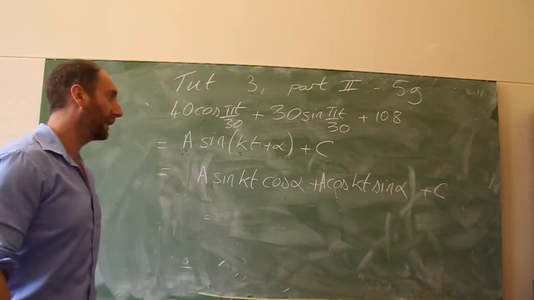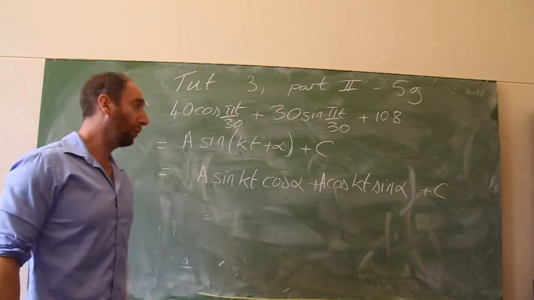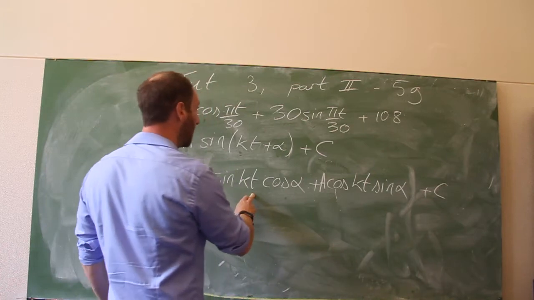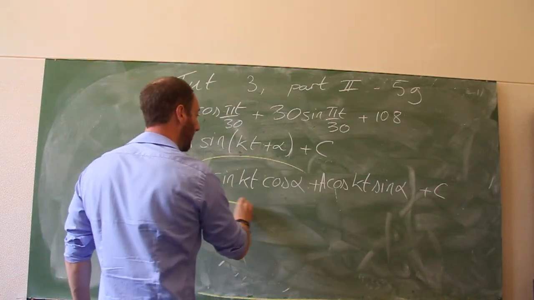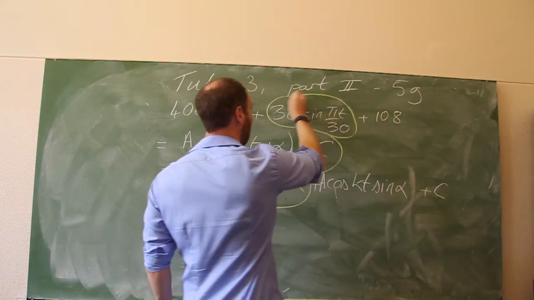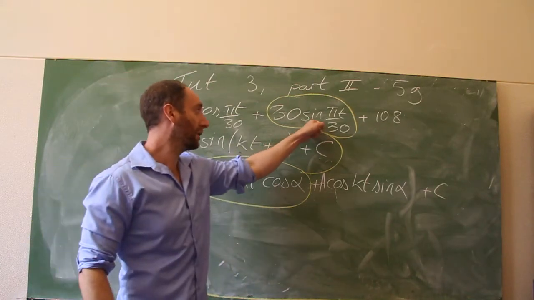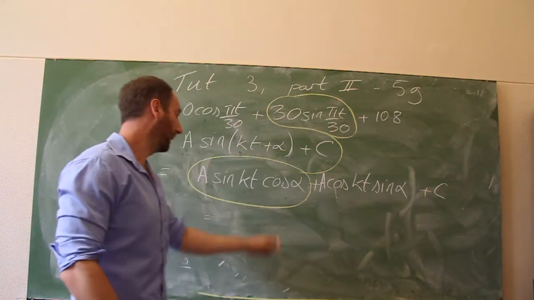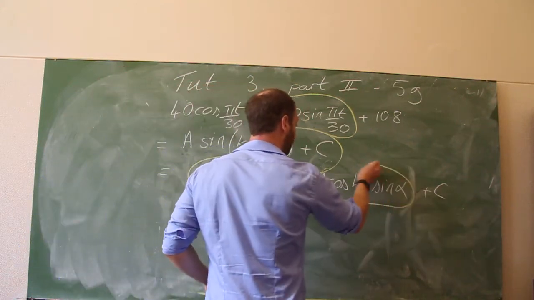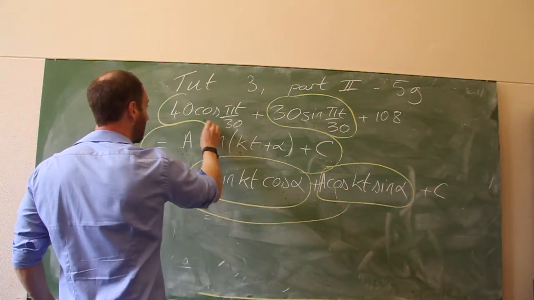In fact, already we can see that these terms look a little bit more like these terms. Here we've got a sin(kt), and we don't know what k is yet, times t. And here we've got sin(πt/30) multiplied by some values. And here we've got this term, which has a cos(kt), and it looks something like this.